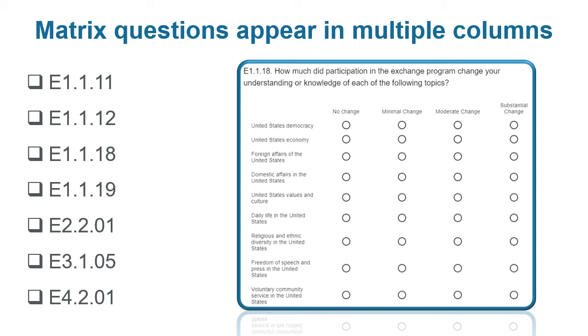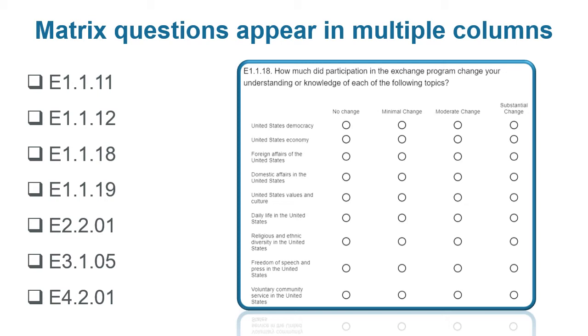You can see an example of this in this screenshot of indicator E1.1.18, where each row is a topic and each column is a response choice. In your survey export, matrix questions should appear in multiple columns, with one column for each topic.